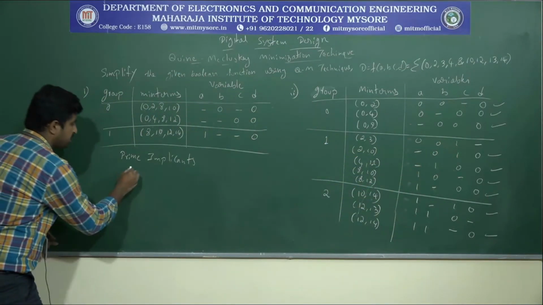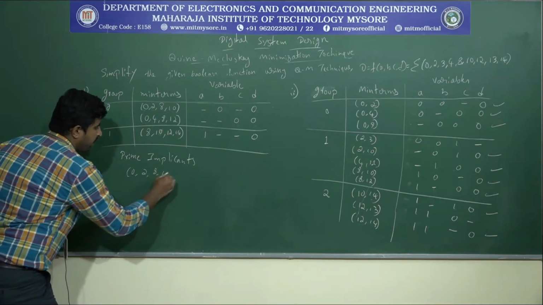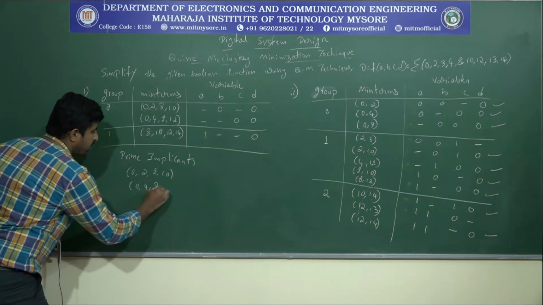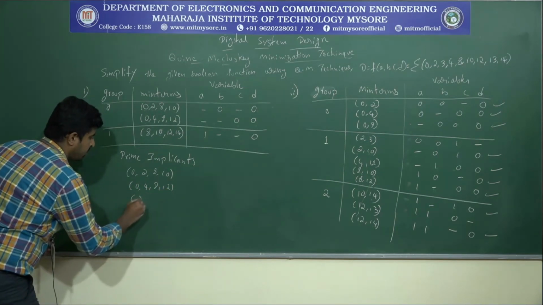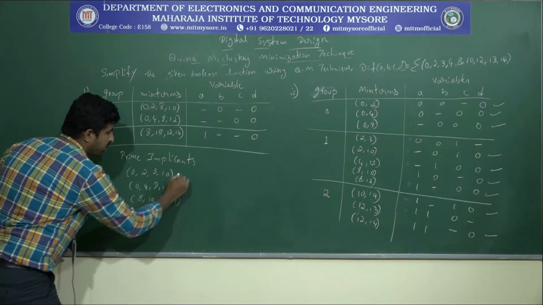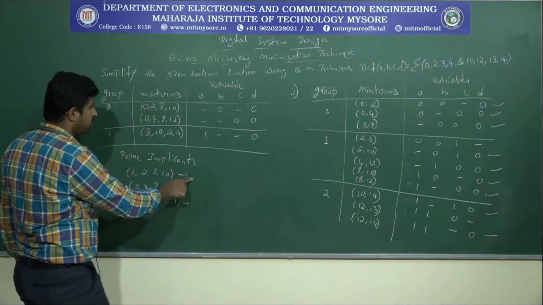So the prime implicant groups are 0, 2, 8, 10, and next 0, 4, 8, 12, and 8, 10, 12, 14. What are the corresponding min terms in variables?